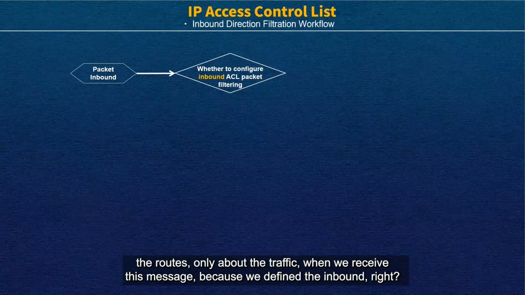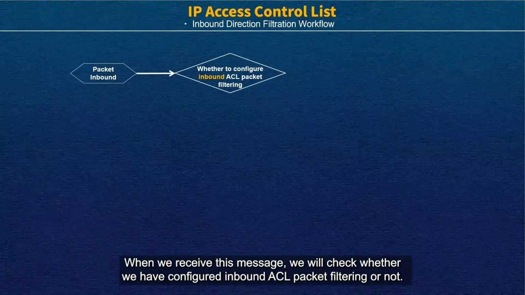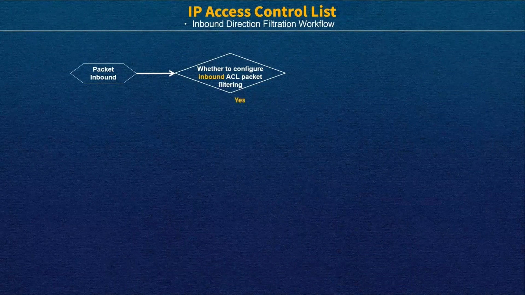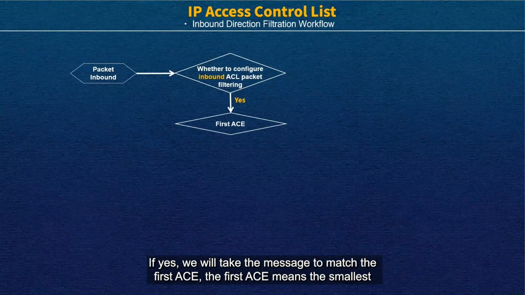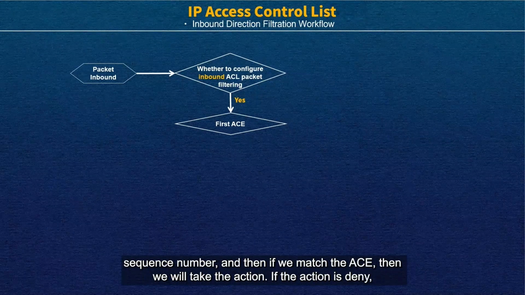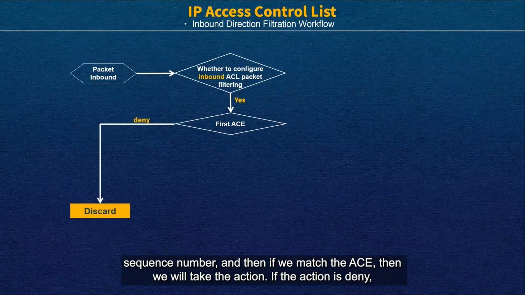When we receive a message, because we defined inbound, we will check whether an inbound ACL packet filter is configured. If yes, we take the message to match the first ACE, which means the smallest sequence number. Then if we match the ACE, we take the action.